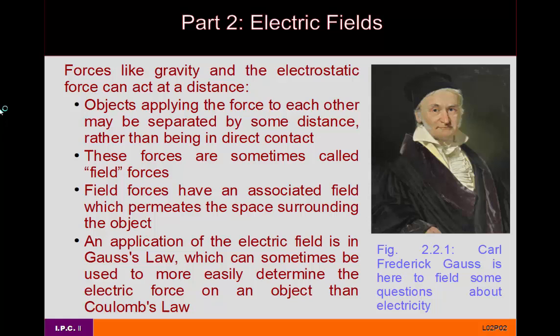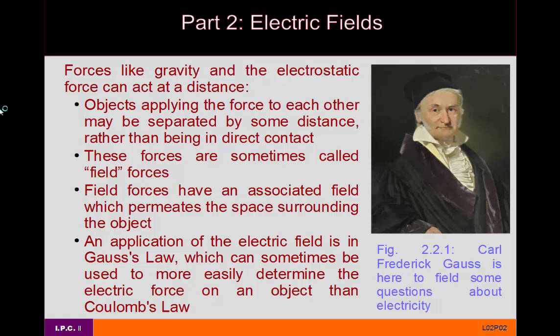so far we have encountered two types of force which can act on an object at a distance. In other words, these are non-contact forces. The two in particular that I'm thinking of are gravity and the electrostatic force. With gravity, we had Newton's law for universal gravitation.